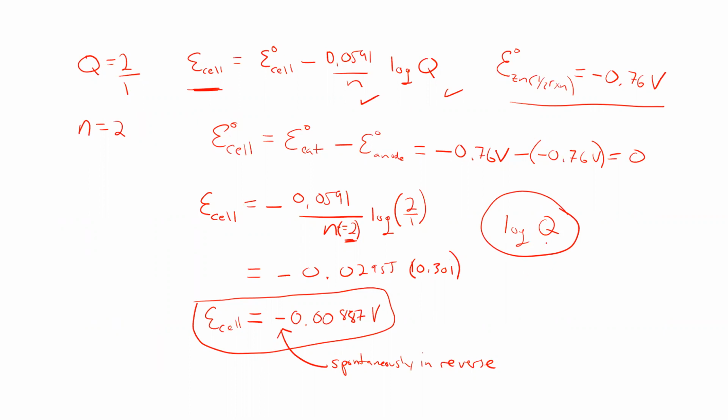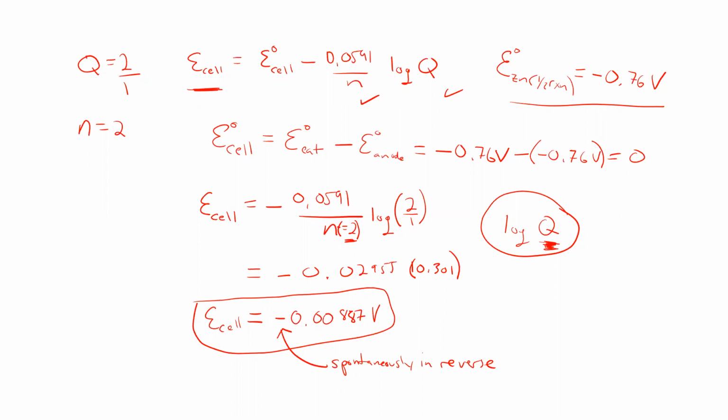So Q is really the important thing here: the bigger the concentration difference, the bigger the current that's going to run through that wire and give you that potential. You'll have a higher potential, basically.